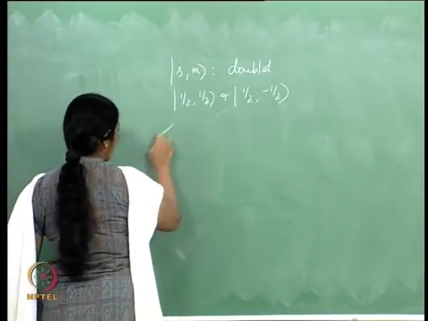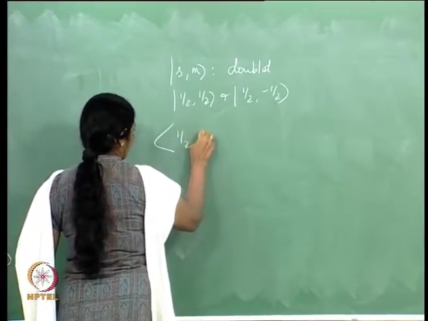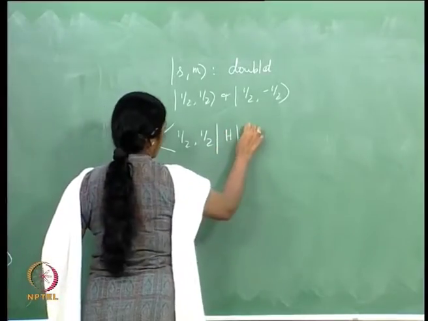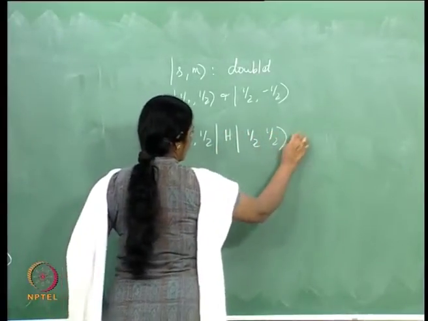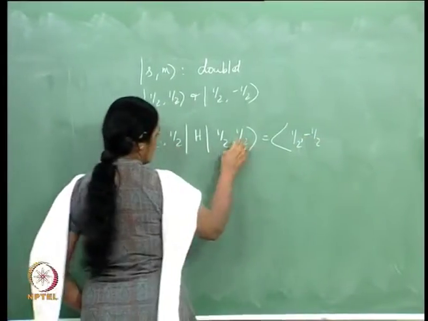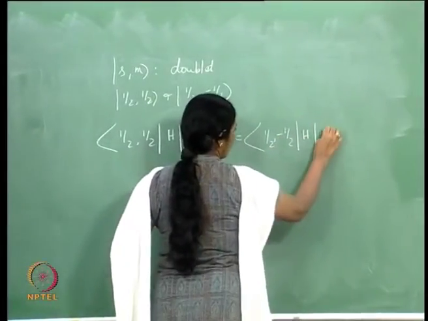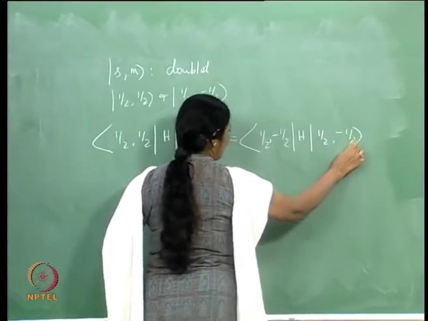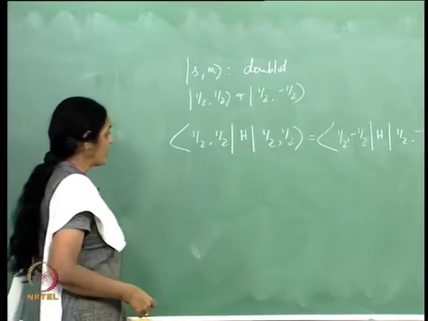So this boils down to the statement that ⟨1/2, 1/2| H |1/2, 1/2⟩ is equal to ⟨1/2, −1/2| H |1/2, −1/2⟩. That is what it means.